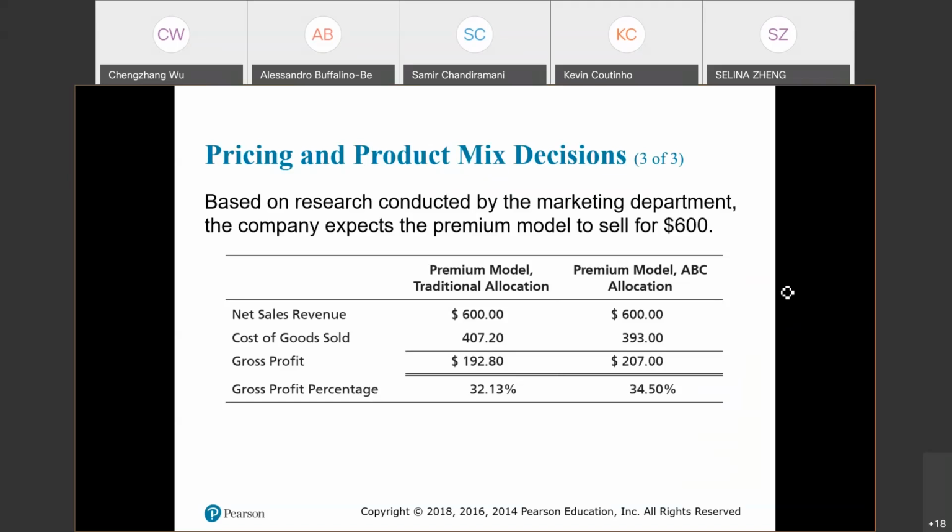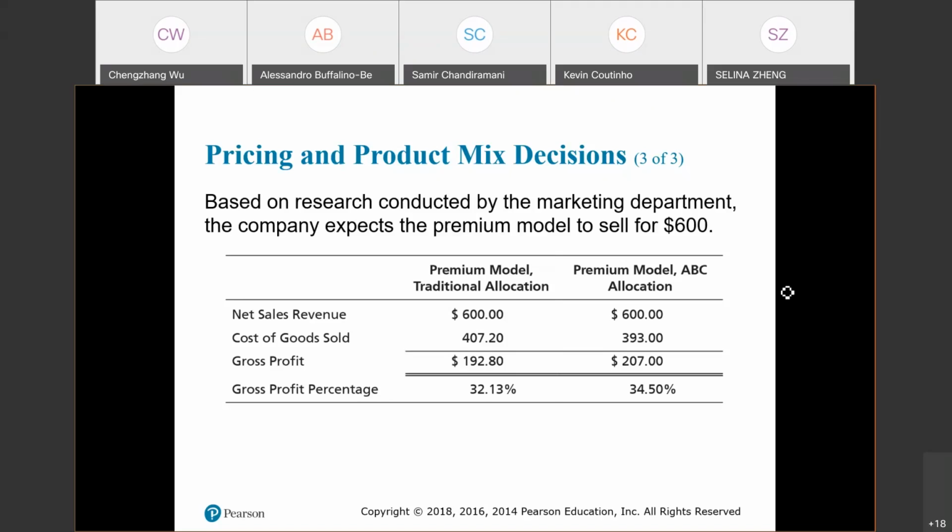So now let's look at the premium model. Based on the market research, the company expects the premium model to sell for $600, and more accurate cost allocation using activity-based costing indicates that the premium model will be more profitable than originally thought.